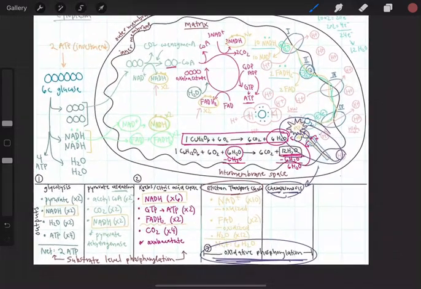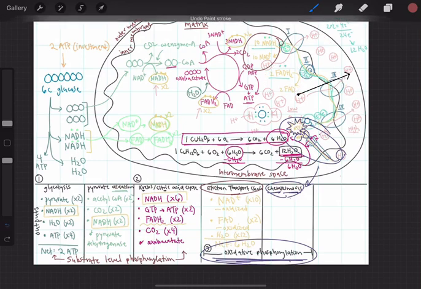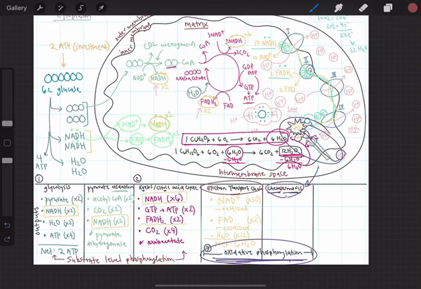So we know that these electron carriers, NADH and FADH2, lost their electrons to the electron transport chain, and the movement of the electrons down that chain is what produces this proton gradient as protons are pumped from the matrix into the intermembrane space.